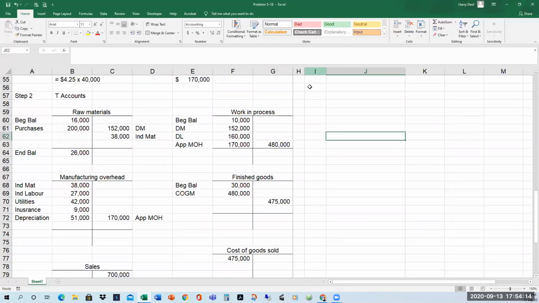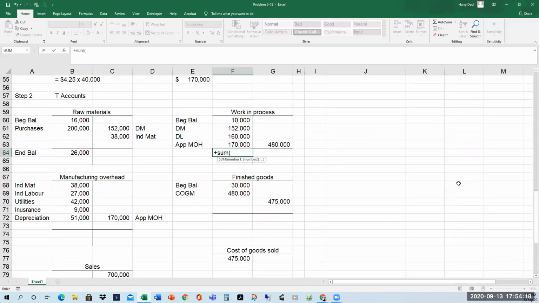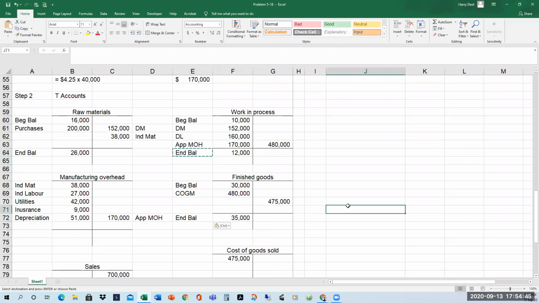Now we want to take balances for work in process. If we add up the debits and subtract the credit, 480,000, we get an ending balance for work in process, $12,000. Likewise, if we add up the debits in the finished goods account and subtract the credit, we get $35,000, which is the ending balance for finished goods.